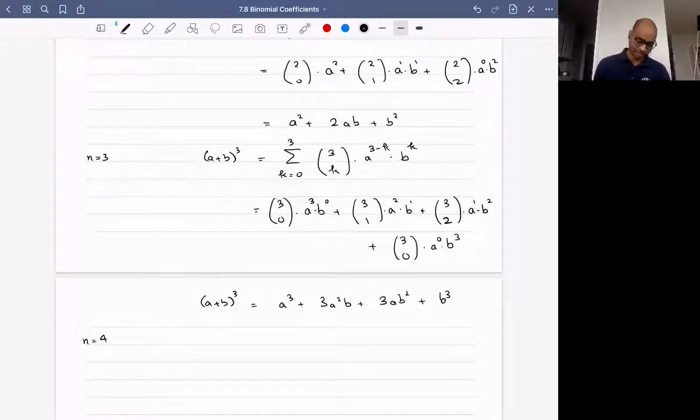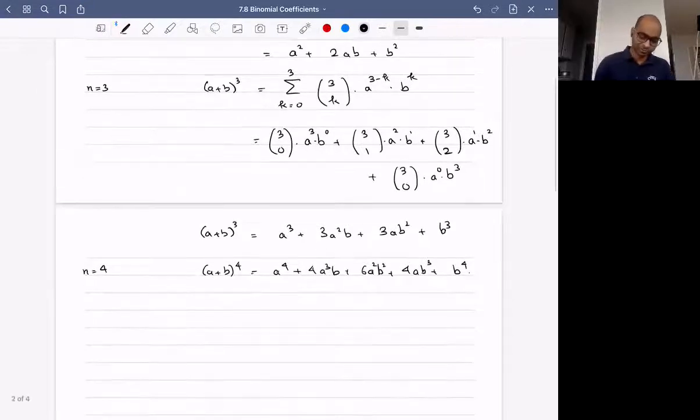And this last one was something that was in the homework, and you can see that this gives a to the 4 plus 4a cubed b plus 6a squared b squared plus 4ab cubed plus b to the 4.